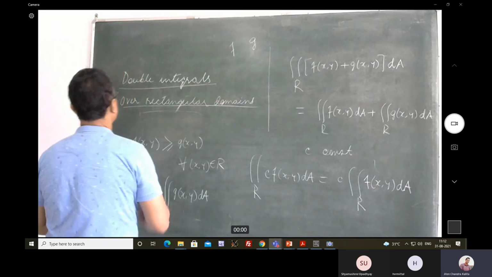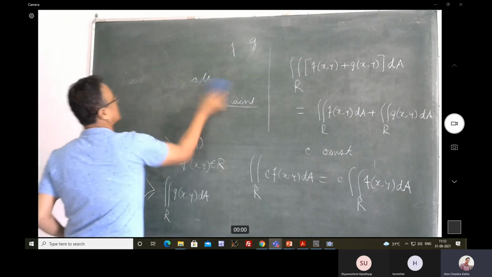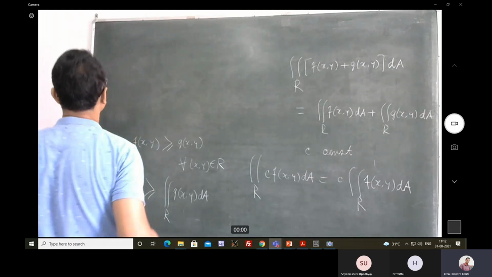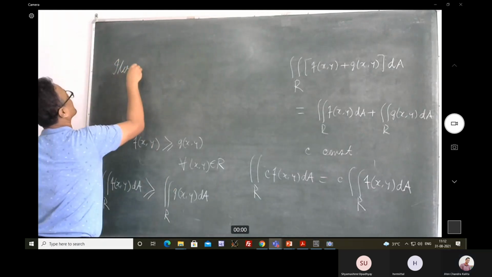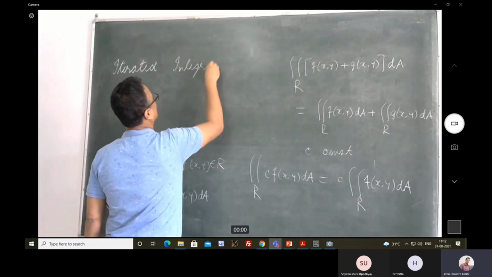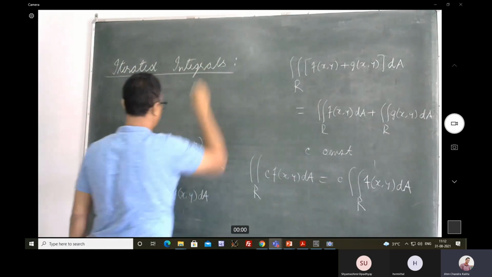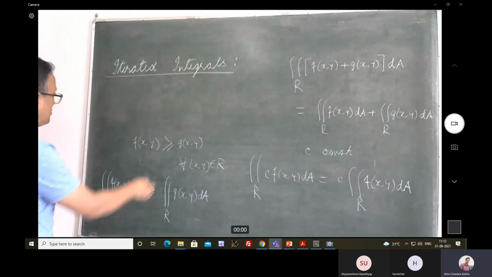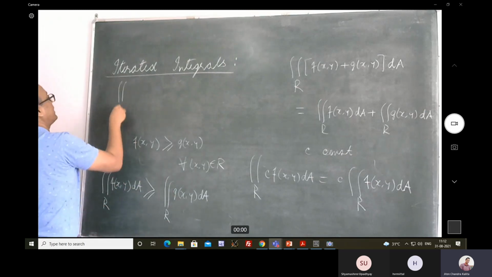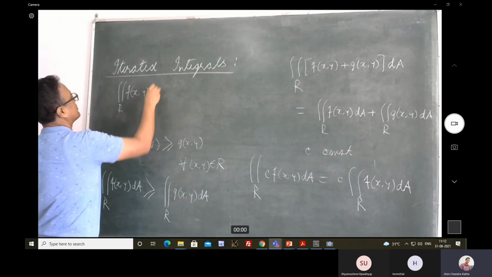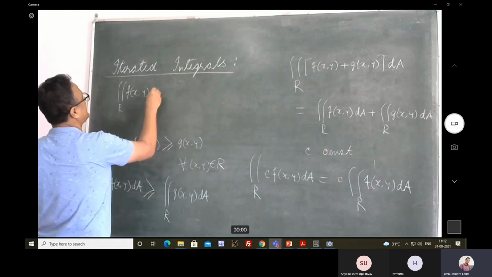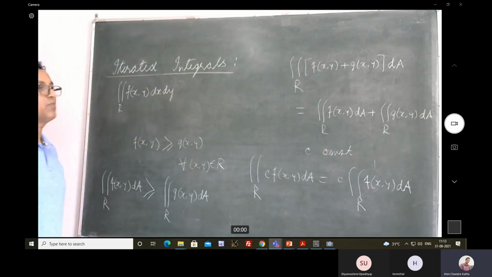Okay. So now let us move to an important concept, and it is called iterated integrals. What is this? As I told you, when I consider this double integral, dA is nothing but dx dy or dy dx.